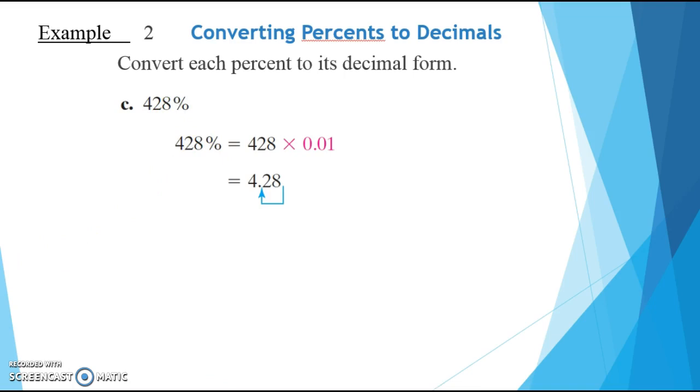So those are some of the key topics in converting back and forth between percents, fractions, and decimals. You're going to use that information then to solve problems. Now the first thing they're going to show you is how to solve with a proportion. So using the proportion to solve a problem.